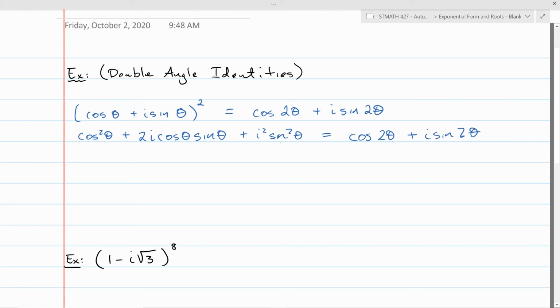You've got an i squared there, so if I combine the real parts, I'd have cosine squared theta minus sine squared theta plus i times 2 cosine theta sine theta equals cosine 2 theta plus i sine 2 theta.